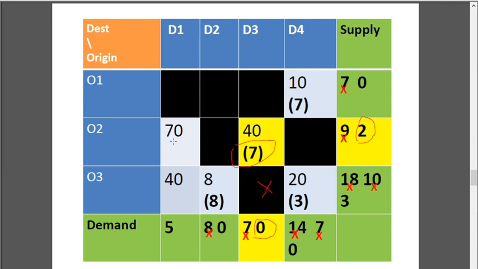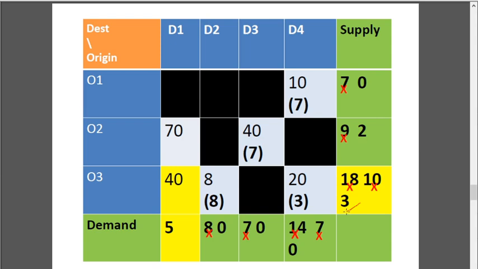Now again select the next minimum cell. From 70 and 40, the minimum is 40, select that. So I have a supply of 3 units here, but the demand is higher than the supply, it is 5. So I can allocate only 3 units. So 3 units have been allocated.